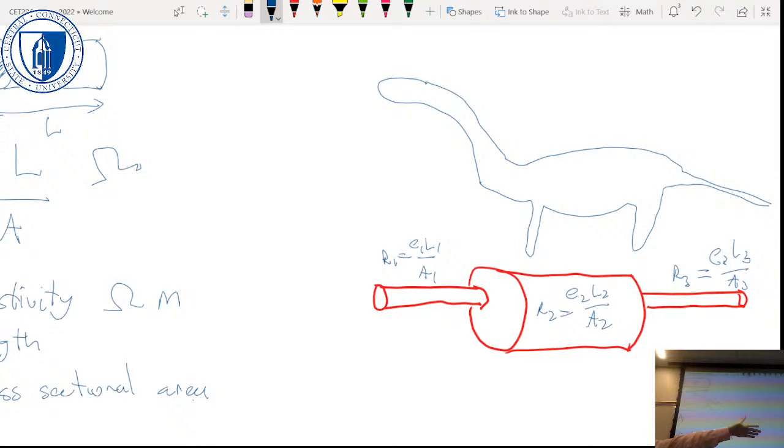So you can think of space-rated electronics. Right? There's a huge variation in the temperature that spacecraft have to deal with. So carbon is not a great thing to make space-rated resistors out of.